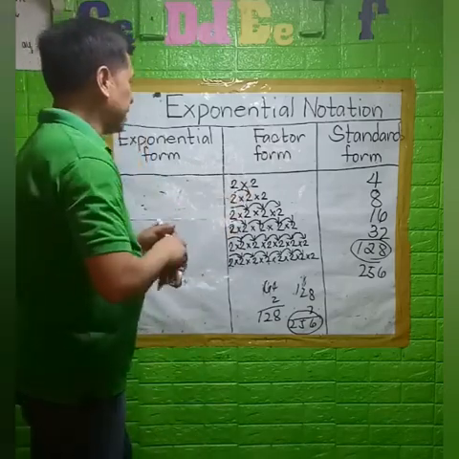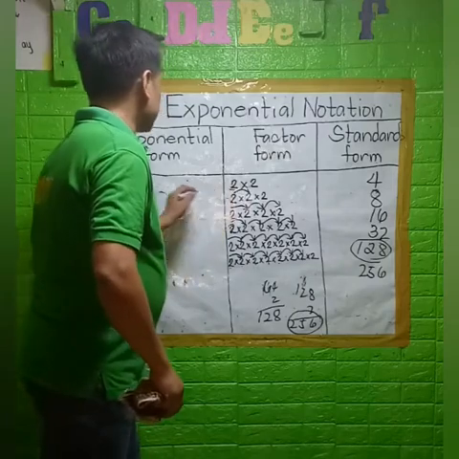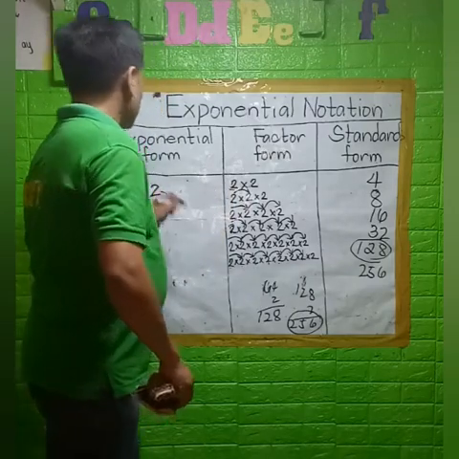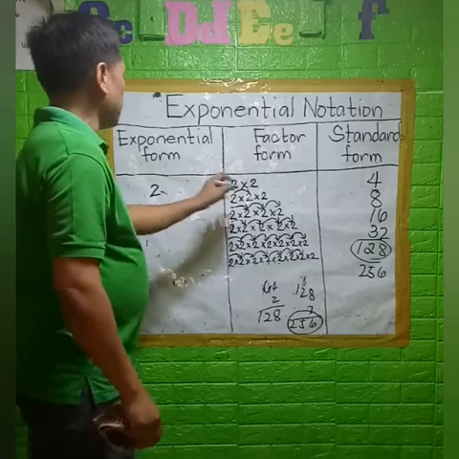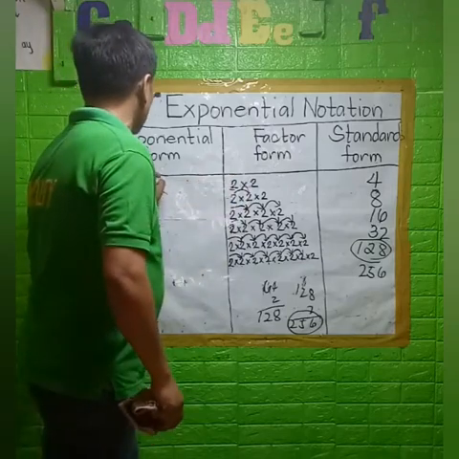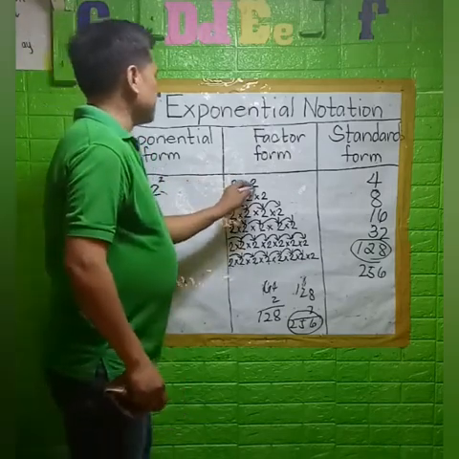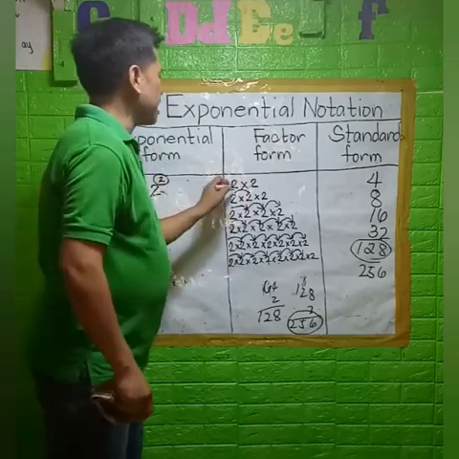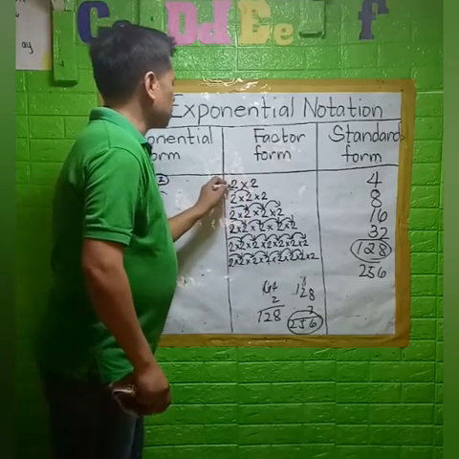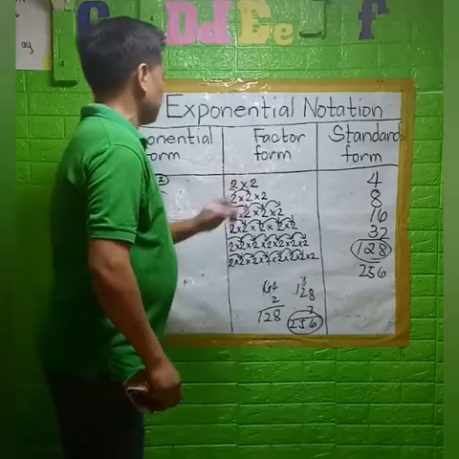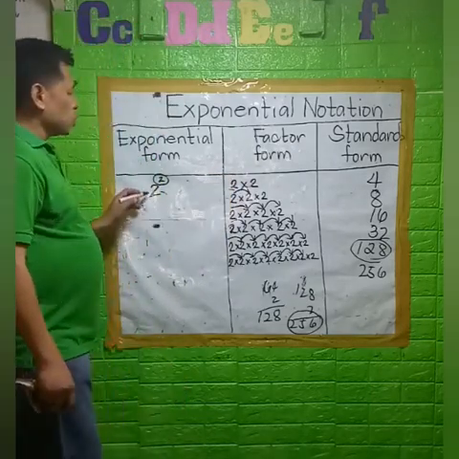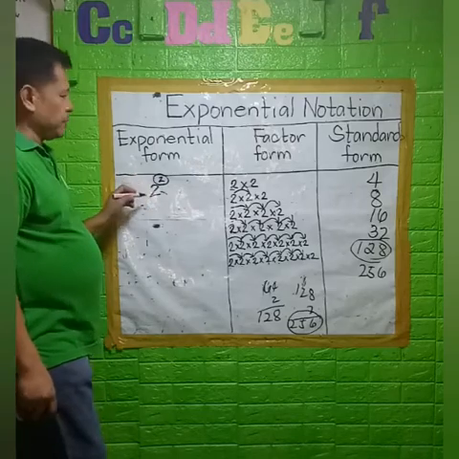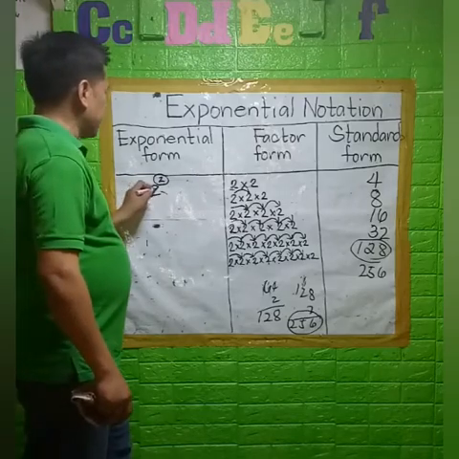Our base here is 2. So what is the exponent? Our exponent is 2, because the 2 tells how many times we are going to multiply the base, which is the 2. So we have here 2 to the power of 2. So that is the exponential form.